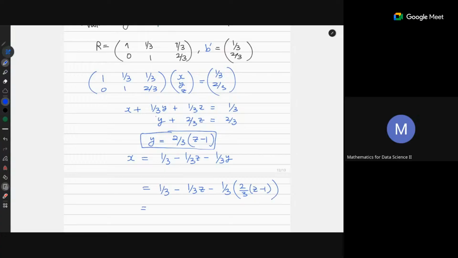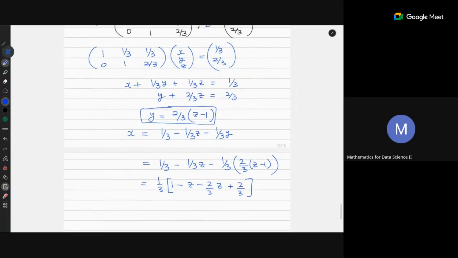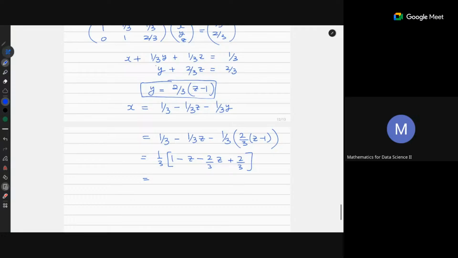All right. So I can take 1 by 3 common. It is 1 minus z minus 2 by 3 z plus 2 by 3. All right. So I will get 1 by 3, and then it is 3 minus 3z minus 2z plus 2, divided by 3.